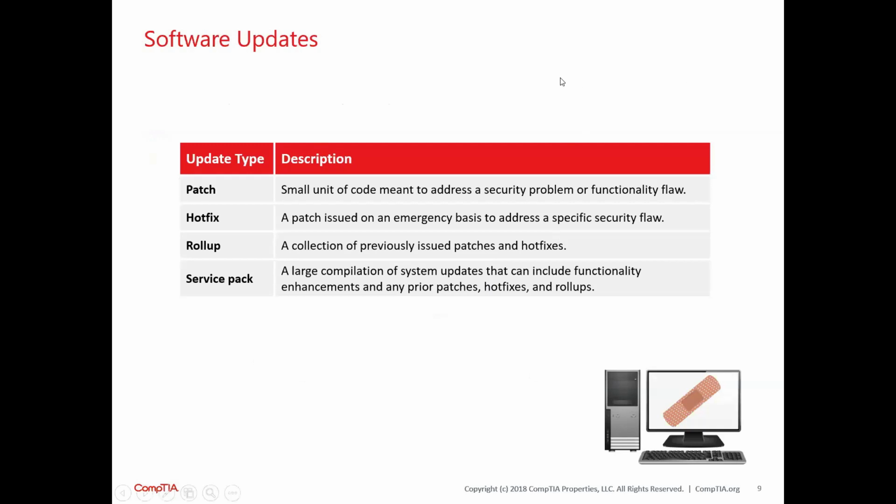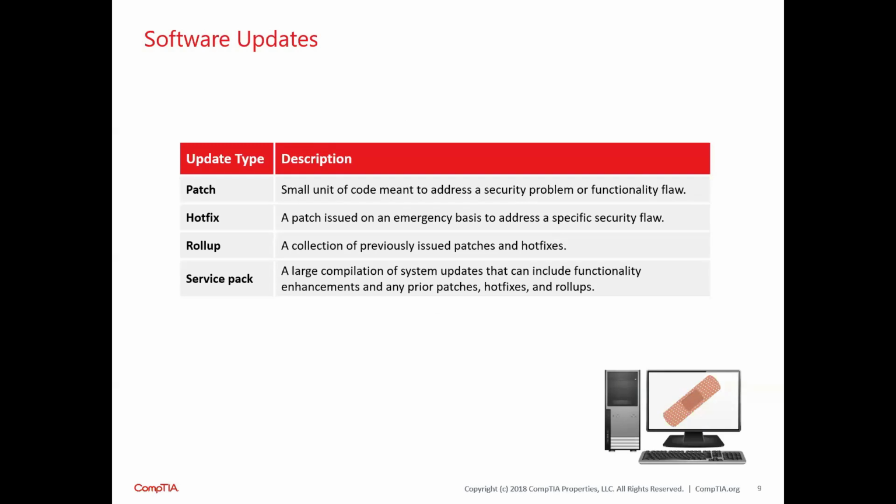So, software updates. I believe some of you are quite familiar with software updates. We know about the patch. A patch is one of the update types available: a small unit of code meant to address a security problem or functionality flaw.